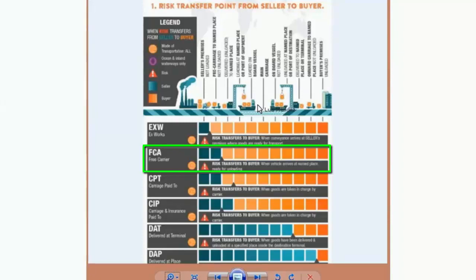I'm going to deliver it not at my factory, but to another place. So I'm going to send the goods there, but I'm not going to unload it. It's going to be loaded. So there is when the risk transfer to the buyer happens, where the risk transfer to the importer happens. Is it okay?